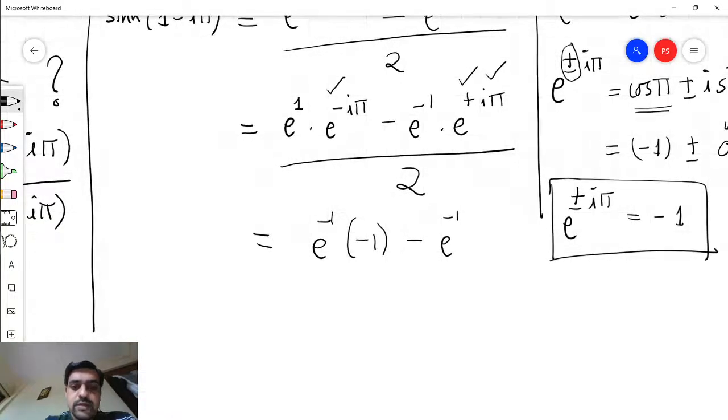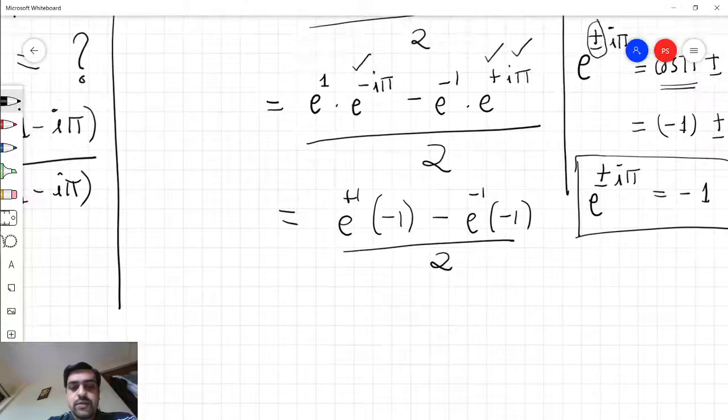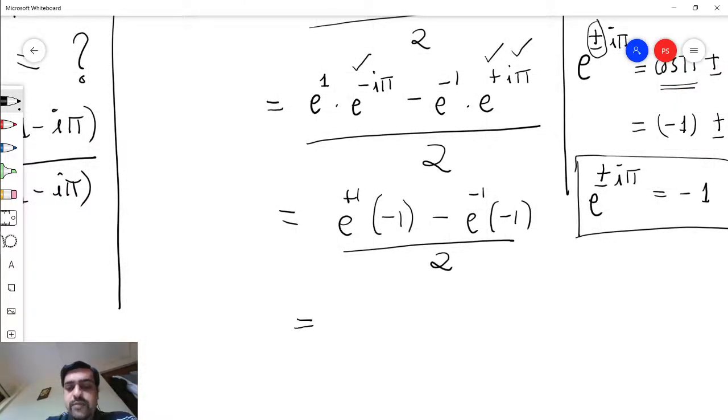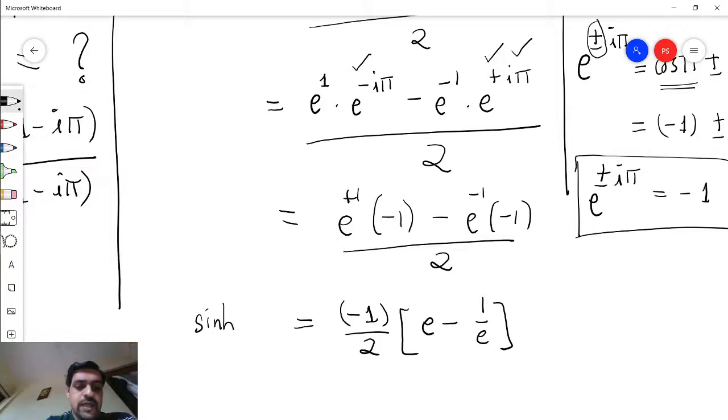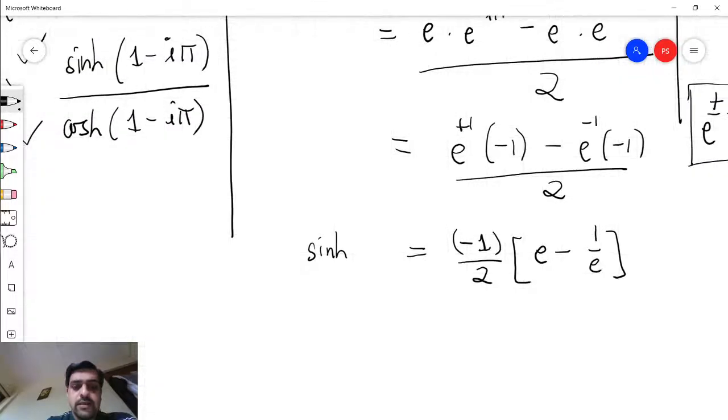Sorry, there is a correction. So this is e raised to plus 1 into minus 1 minus e raised to minus 1 into minus 1, divided by 2. So this minus 1 can be taken common and here we get e minus 1 upon e. So e raised to minus 1 is just 1 upon e and e raised to 1 is e. So this is the value for sine hyperbolic of the 1 minus i pi term.